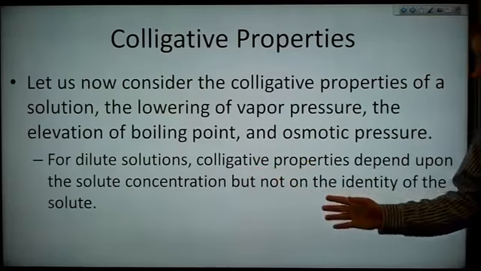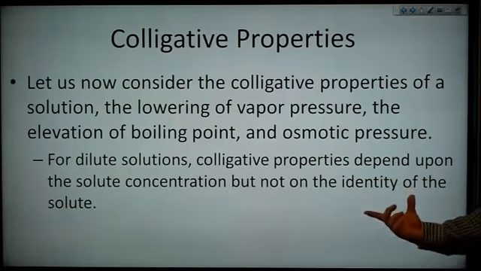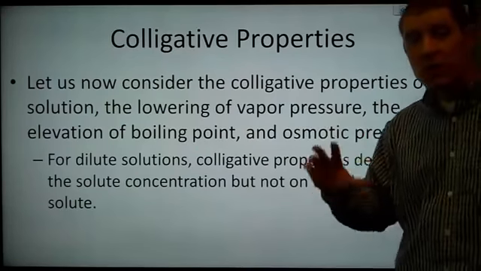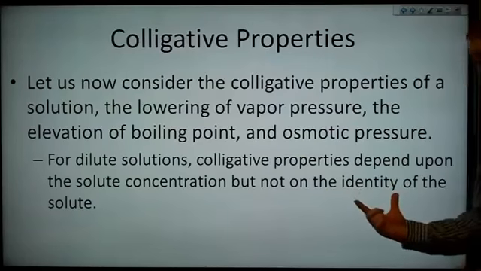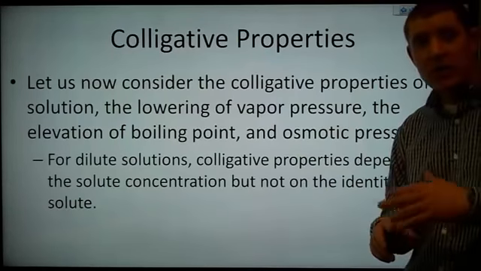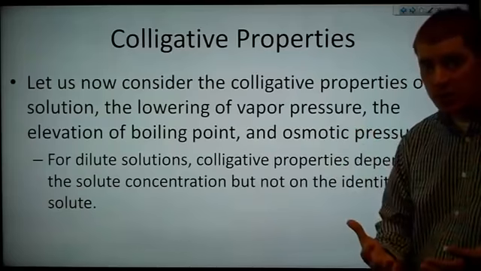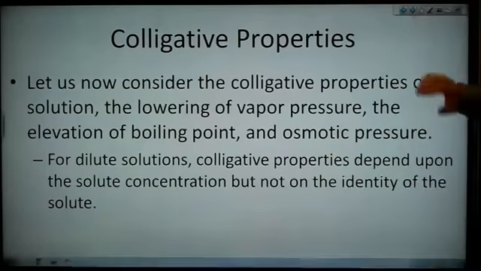For dilute solutions, the colligative properties depend upon the solute concentration, but not the identity of the solute. It only depends on how much of the solute we have dissolved. If it doesn't depend on the identity of the solute, then it doesn't really matter what the solute is. We're really just looking at the total concentration of solute particles, not the specific identity of those particles.